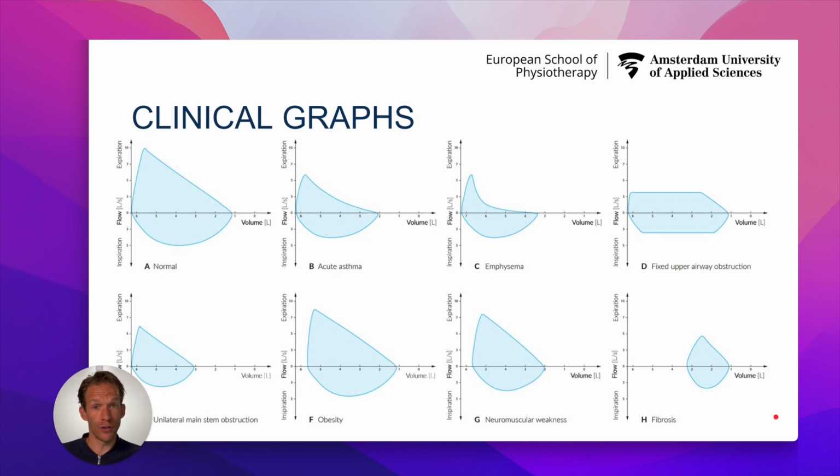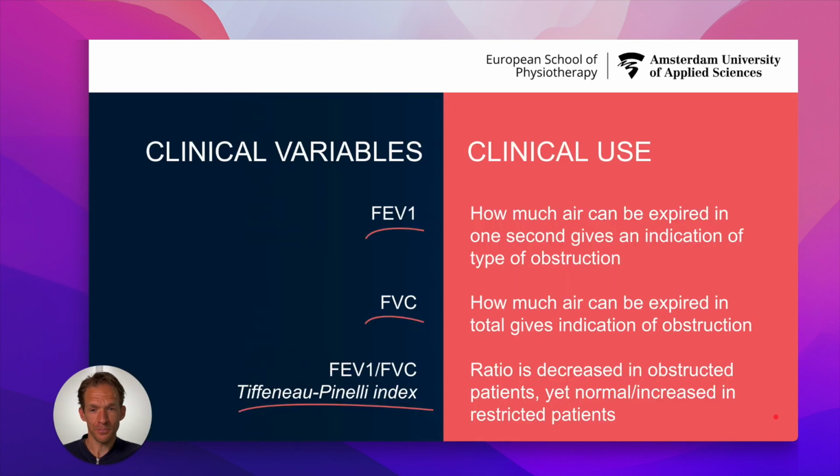So depending on the curve that you measure for your patient or that you see in the patient file, you can already draw some conclusions about either it being restrictive or obstructive or anything else. So if you're interested, please have a look so that you're fully prepared for next year, and definitely for any potential cases that you may encounter during your internship, for example.